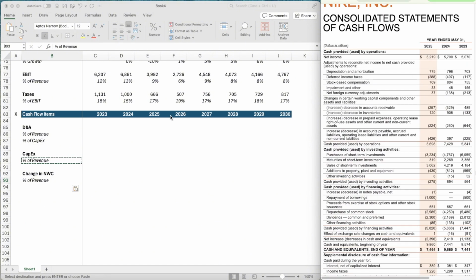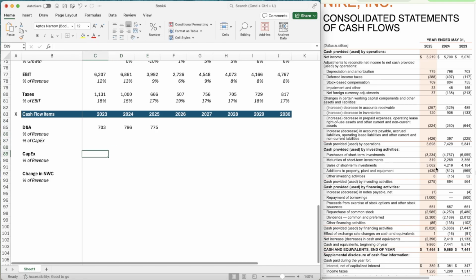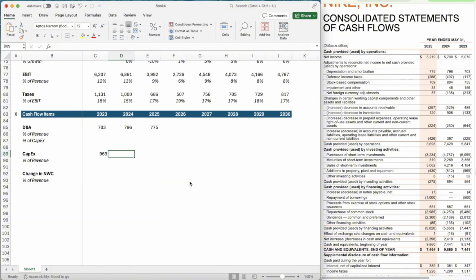But let's start in the previous year. So 2023. 703, 796, 775. CapEx is down here, 969, 812, 430.